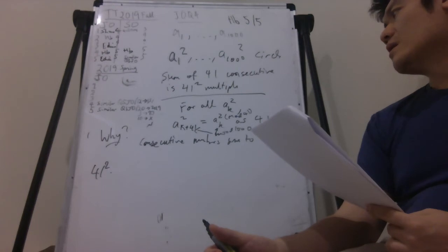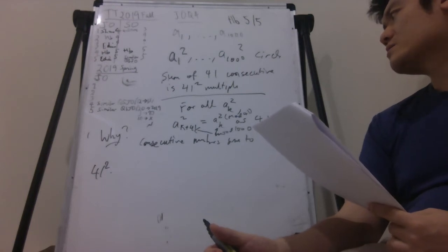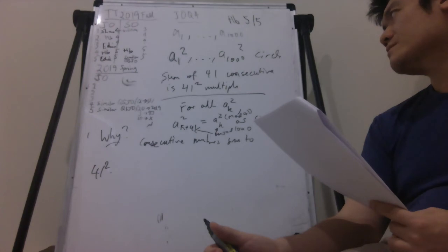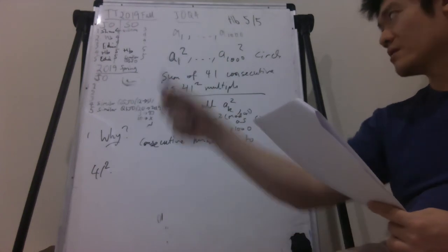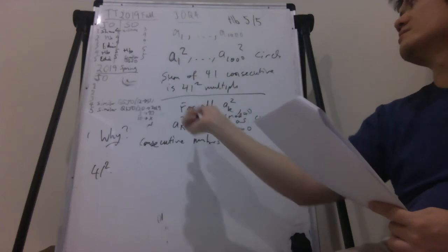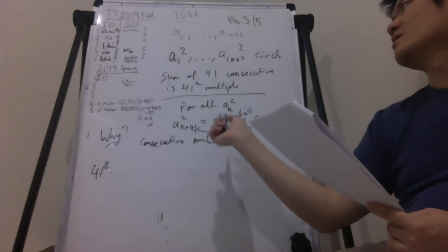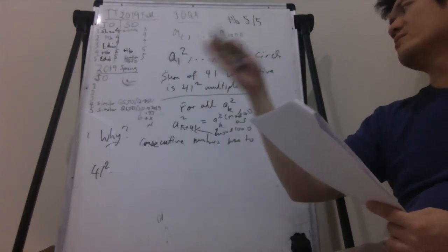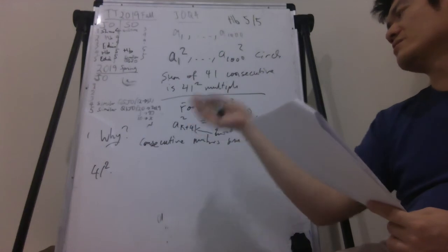That accounts for the case where 999 goes to 40. Normally that wouldn't be k and k plus 41, but mod 1000, that's true. So it's wonky notation. Because they're in a circle, you can take the indices mod 1000, and these will be next to each other.